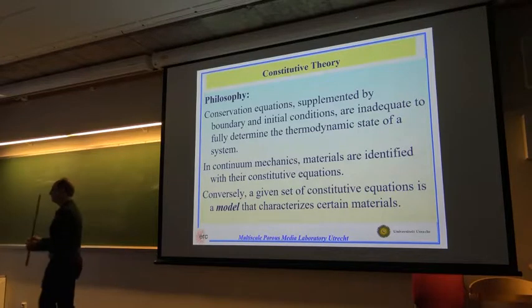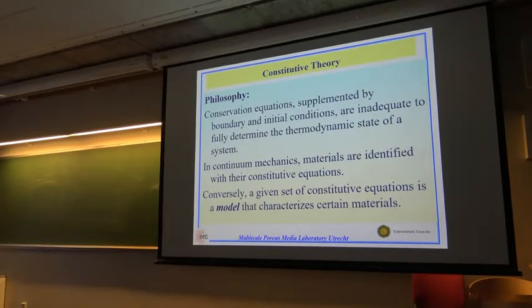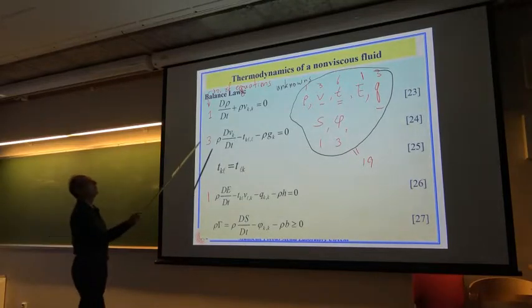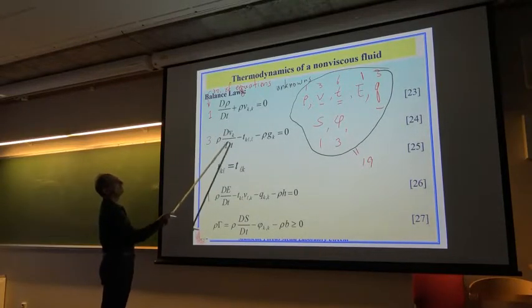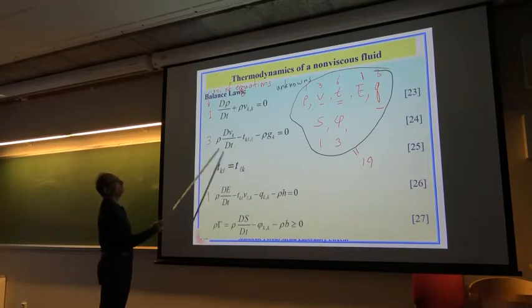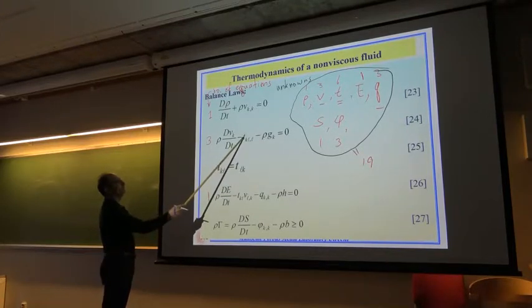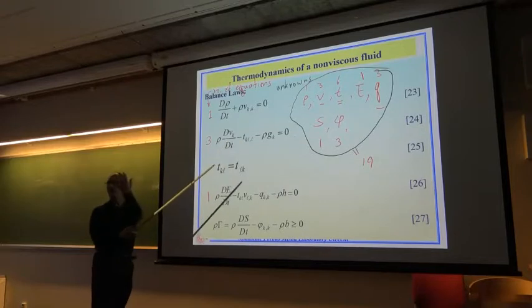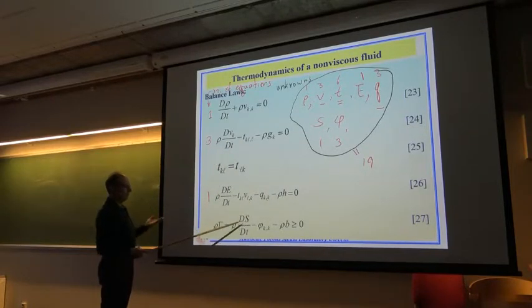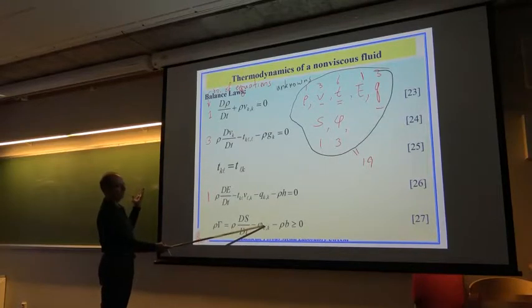Because if you count the number of equations and number of unknowns, we have done that here. This is the balance law, momentum balance. That's one equation, 3 equations, which is a vector, so that's 4. Now, stress tensor being symmetric, I don't count it because for a stress tensor, I count 6 components instead of 9. There is an energy equation. This is an inequality, so it doesn't help.